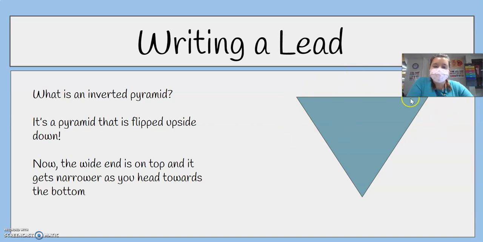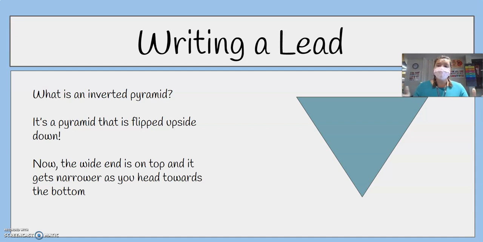The reason we use this shape is because we start really broad and get narrower as we write. The beginning of the story, the lead, is the widest part, which means it's covering the most information.